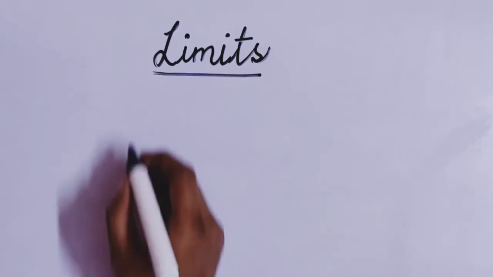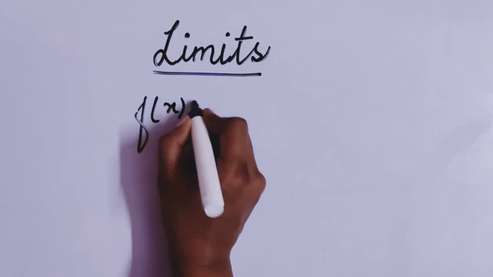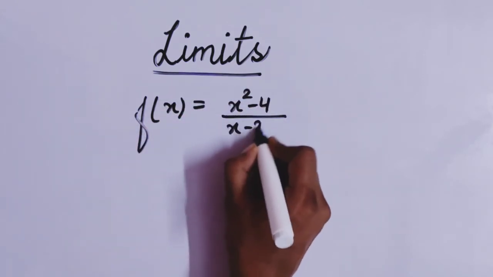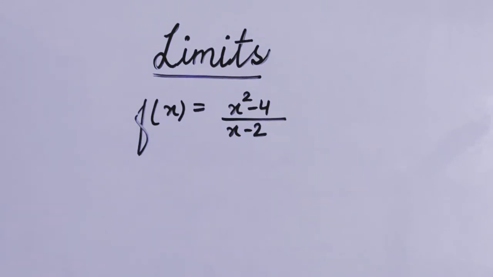Now we'll take an example to understand the concept of limit. Suppose you have f of x equal to x square minus 4 upon x minus 2, and we have to find its value at 2.